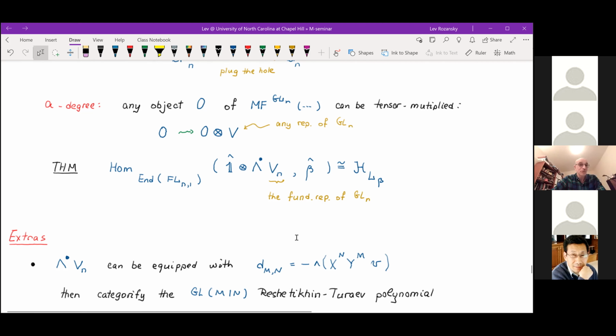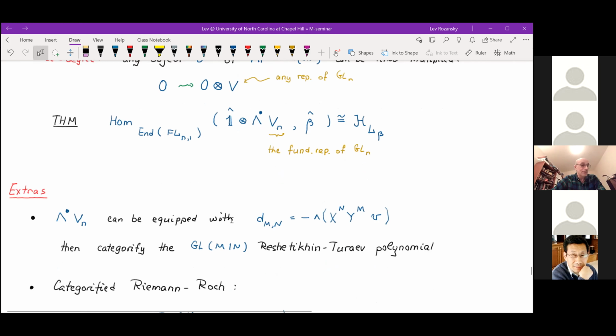So it's your Koszul differential generated by this vector. And the claim is that the resulting homology is still an invariant of the link. And it categorifies, this requires a little bit of work, it categorifies the Reshetikhin-Turaev polynomial for supergroups.